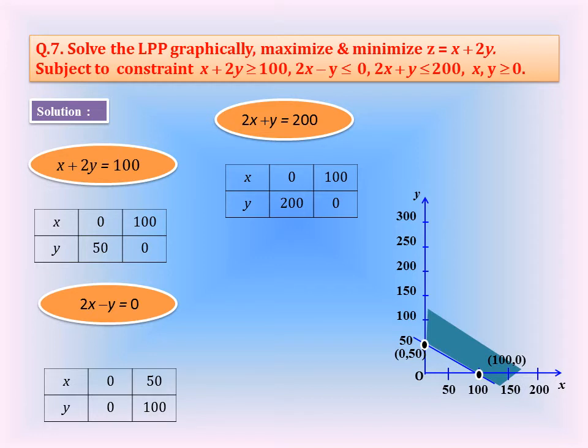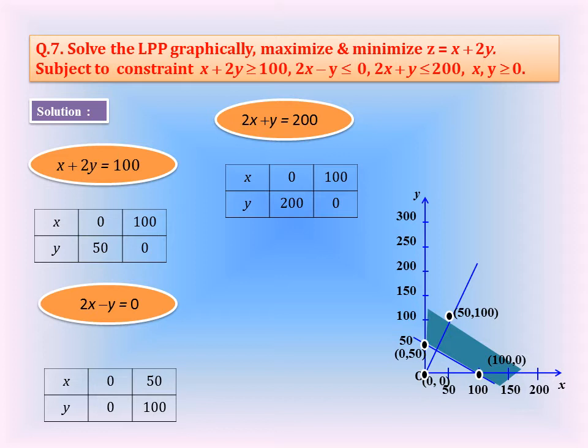And the second line has points 0 comma 0 and an arbitrary point 50 comma 100. Joining these 2 points, here we need to consider a point which is not lying on the second line. Hence, I am considering here the point 50 comma 0.